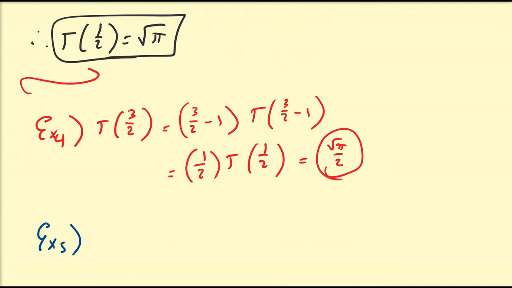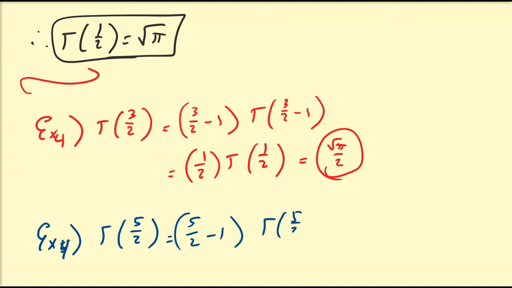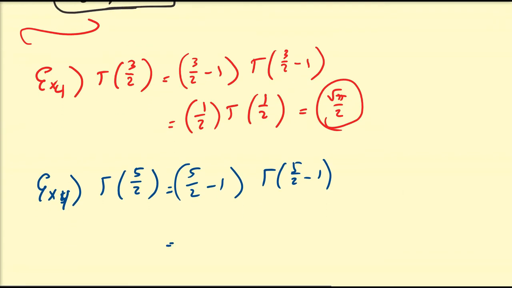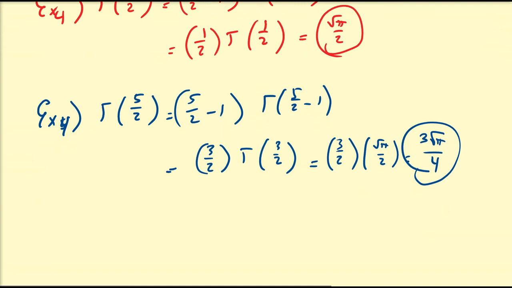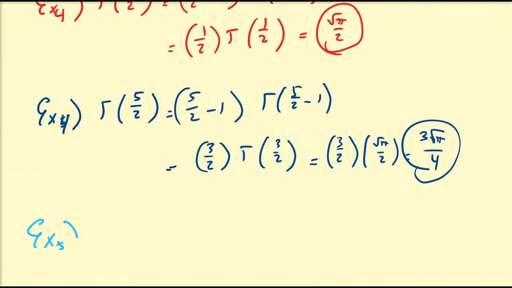Similarly, if I want to find gamma of 5/2, this is going to be equal to 5/2 minus 1 times gamma 5/2 minus 1, or 3/2 times gamma 3/2. We already found what gamma of 3/2 is equal to. That's just the square root of pi over 2. So we have 3/2 of the square root of pi over 2, which is just 3 square root of pi over 4. And we can continue in this fashion if we want to.